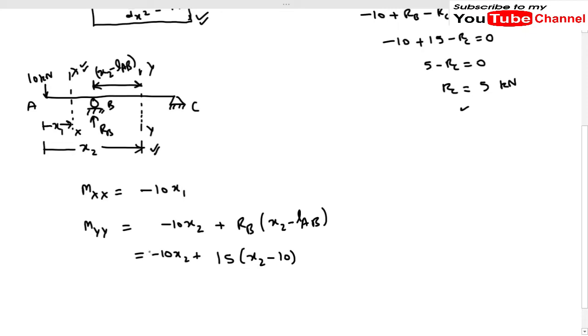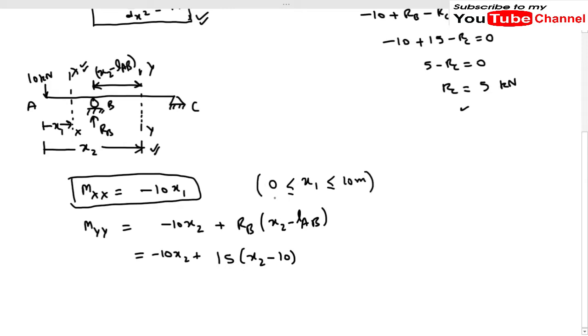We will write the equations for portion AB and portion BC, because this Mxx is only for portion AB, and the distance x1 will vary from 0 to 10 meters for AB.